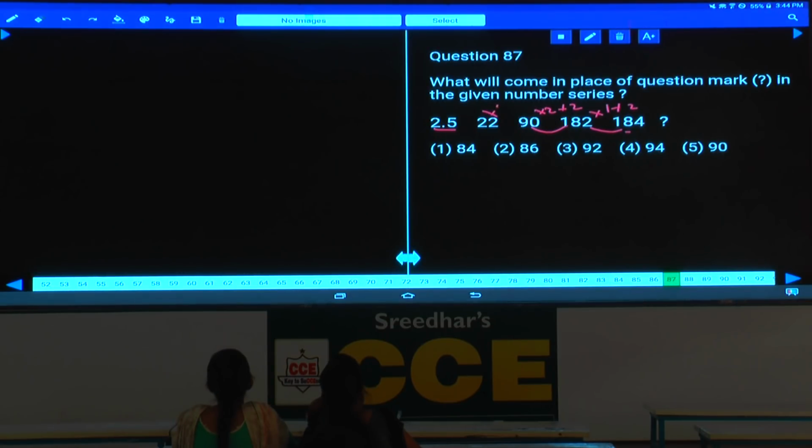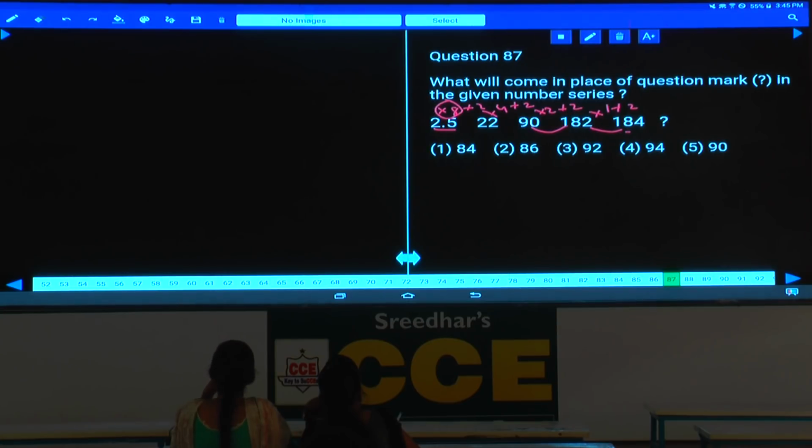Here it must be into 4, and here into 8 plus 2. 2.5 into 8 is 20 plus 2 is 22. 22 into 4, 88 plus 2, 90. 90 into 2, 180 plus 2, 182. 182 into 1 plus 2 is 184.